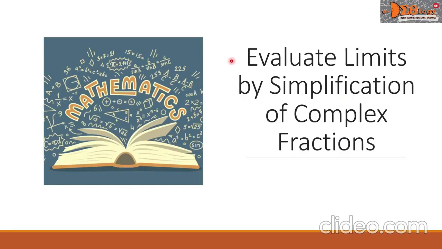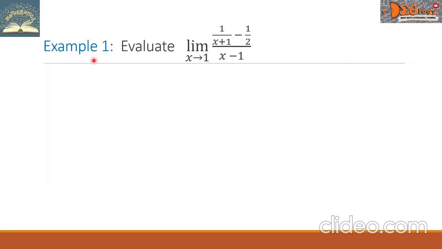Today, we're going to evaluate limits by simplification of complex fractions. Let us see example 1. Evaluate this limit as x approaches 1. This is our function. 1 over x plus 1 minus 1 over 2 all over x minus 1.